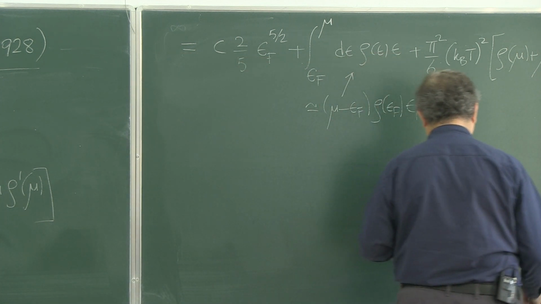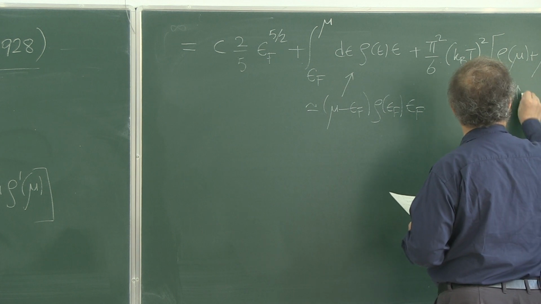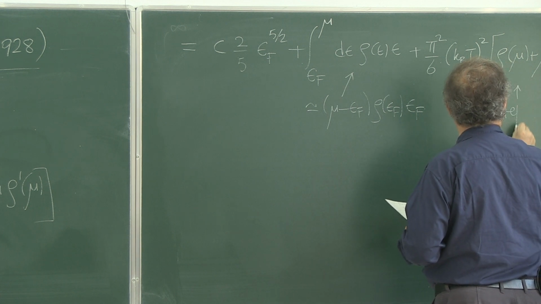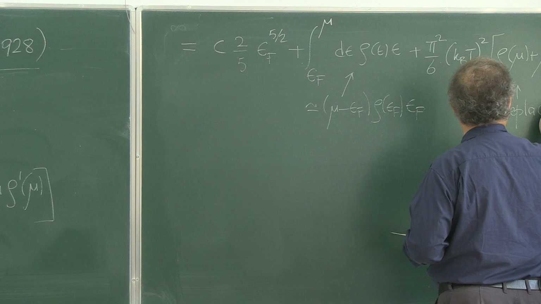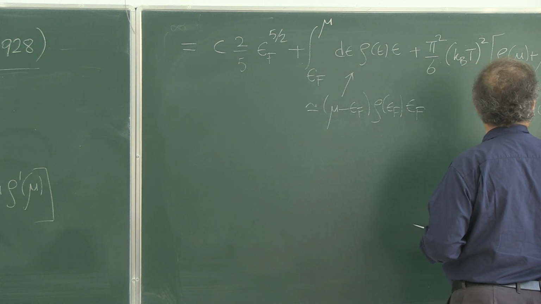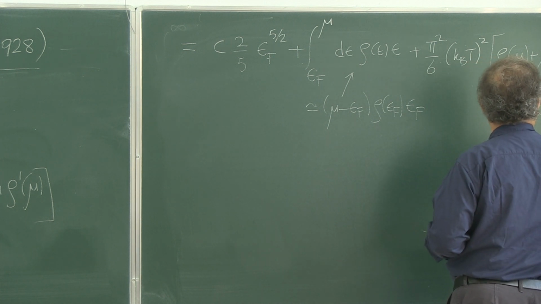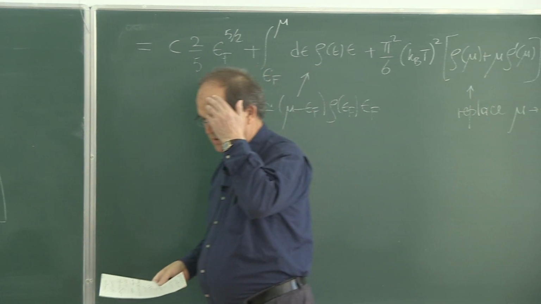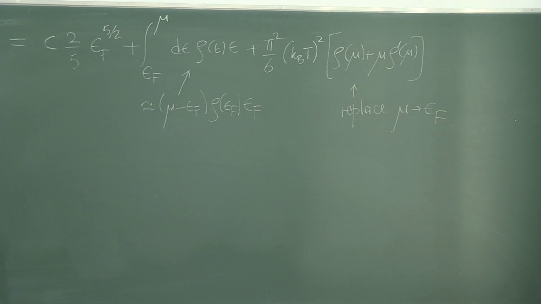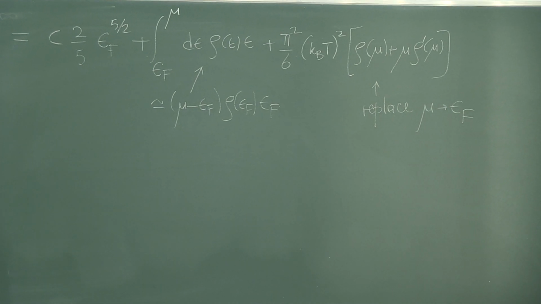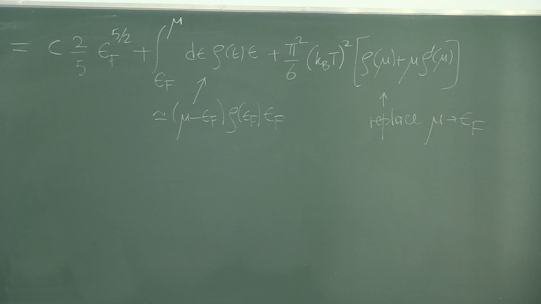And here you can replace mu by EF, Fermi energy. So I'm going to very low temperatures, in other words. If you do this, I will leave the steps to you.